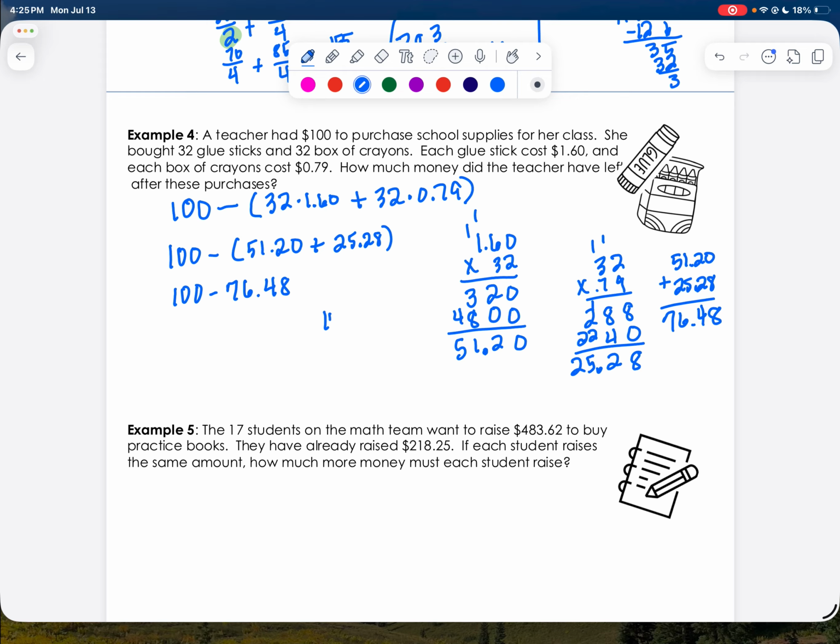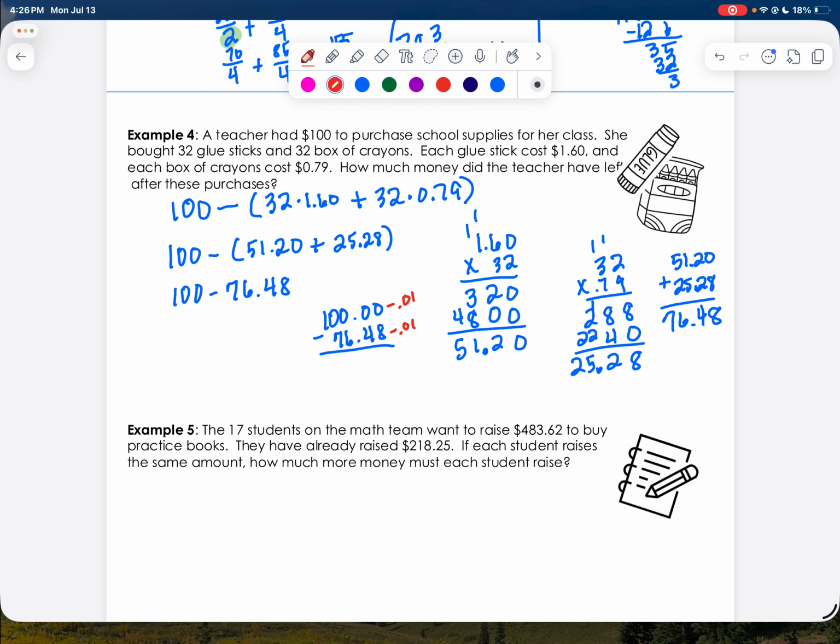All right, so now we're going to subtract. I'm going to add some place values here. Now, when I'm subtracting across, this is a lot of zeros to subtract across. So I do a little trick where I subtract a penny from each one of these, and that will prevent me from having to borrow.